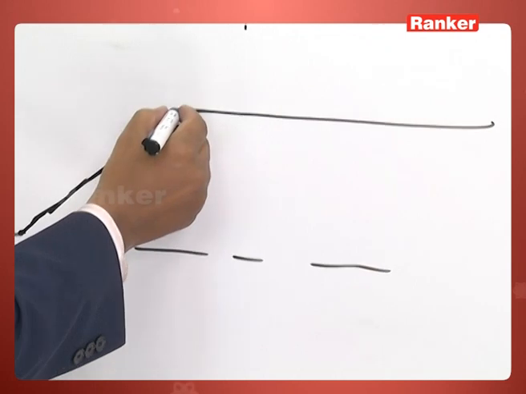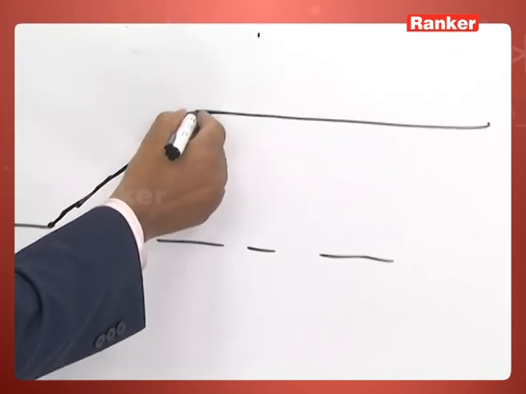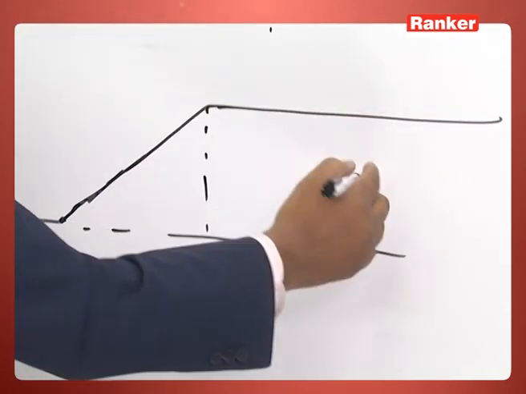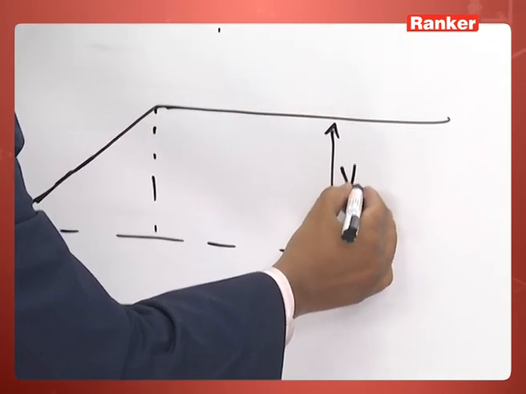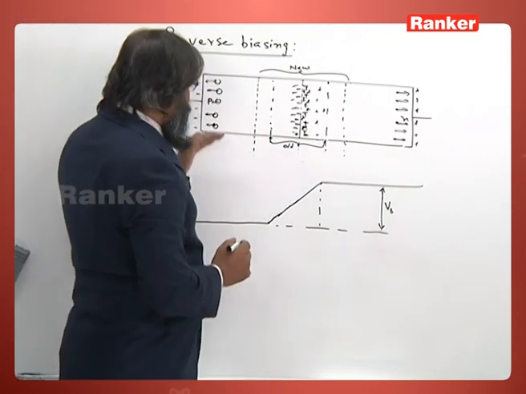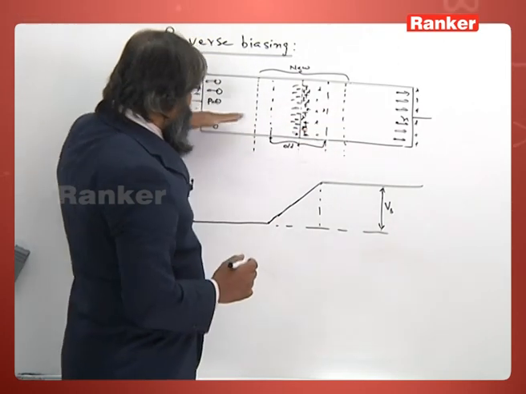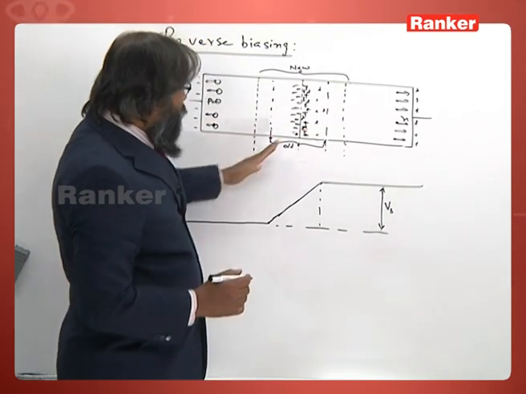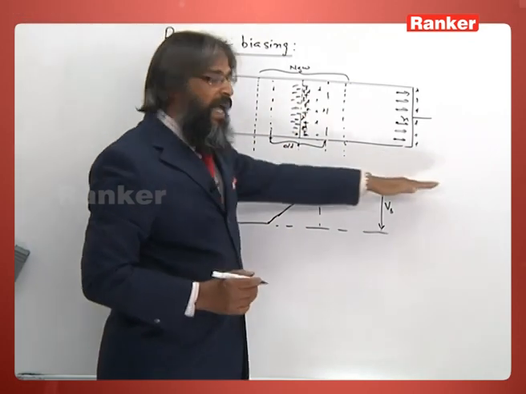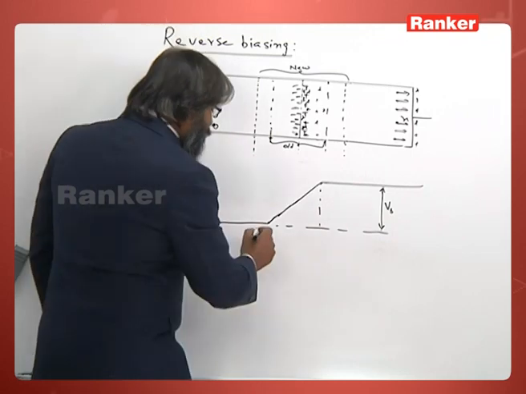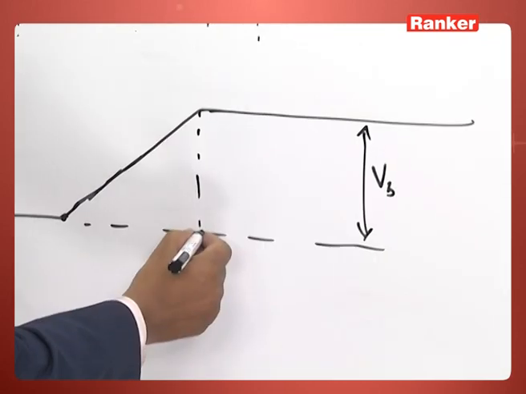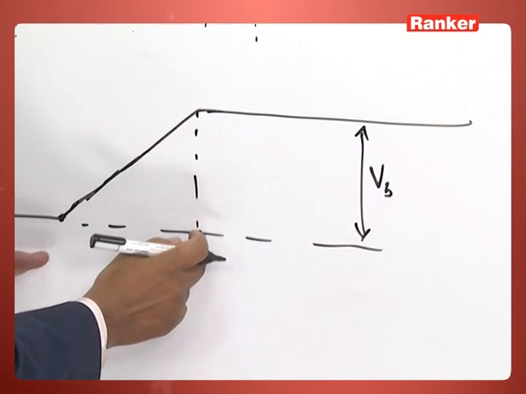The depletion layer starts from here and goes up to here, and this is the barrier potential, V barrier. Here this is P type and N type. Here the potential is nearly the same. As you go on, the potential increases and then the potential is uniform. This is when the depletion layer is within this region.